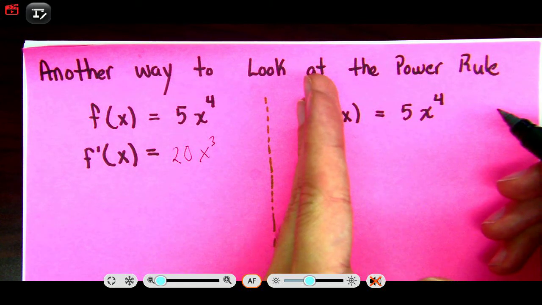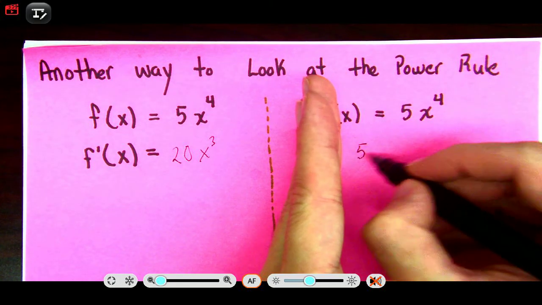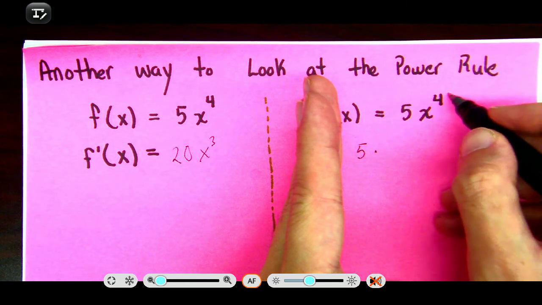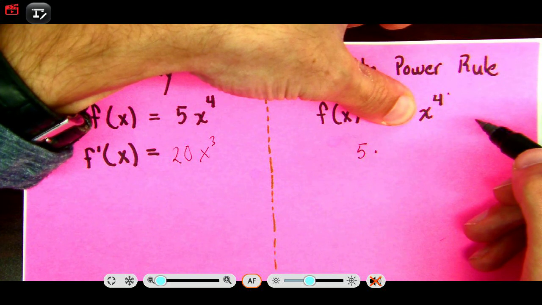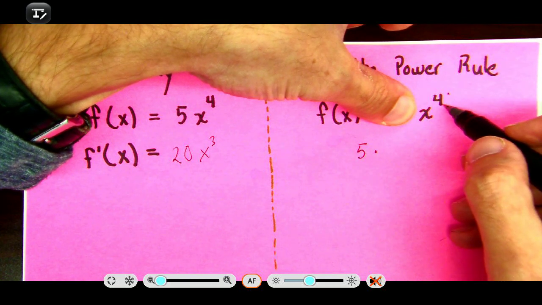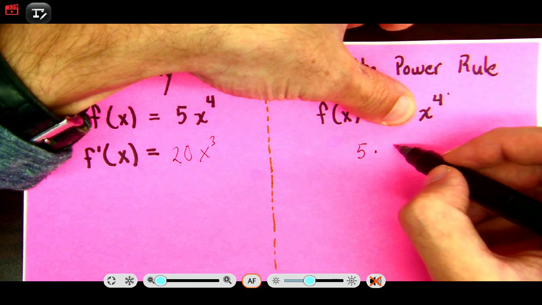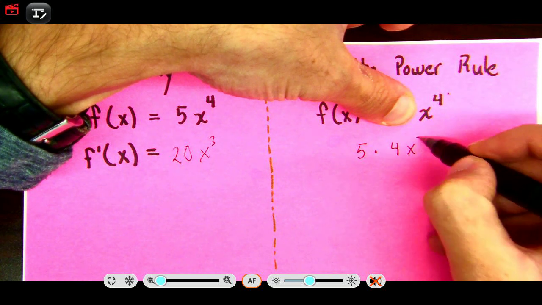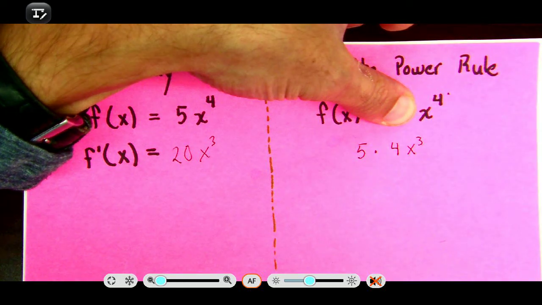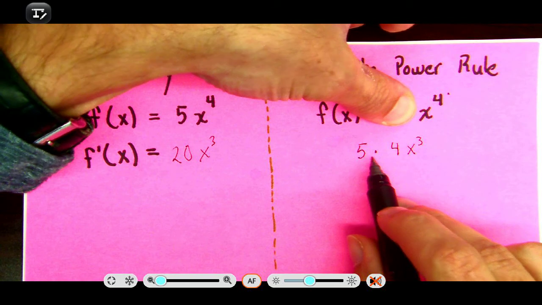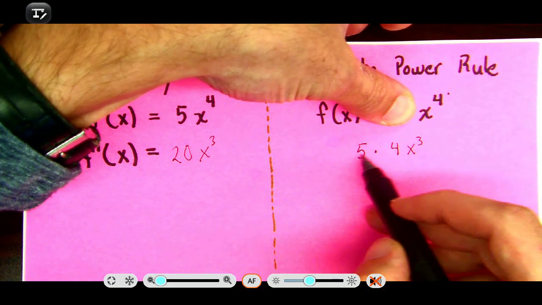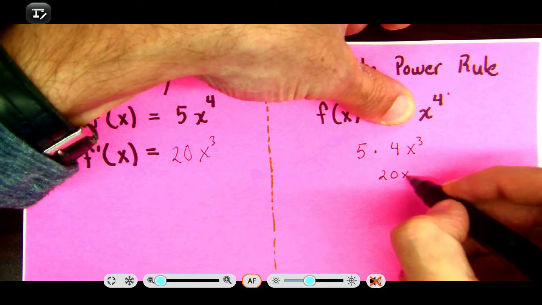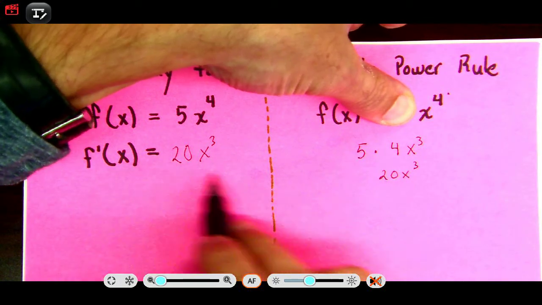So notice that this 5 is here, times, now all we're going to do is just take the derivative of this x to the fourth. What is the derivative of x to the fourth? It is 4x cubed. But then what do you do with that 5? You got to bring the 5 back inside. 5 times 4 is 20x to the 3. And notice that this is the same way. Right?